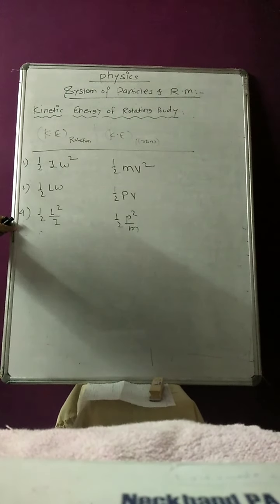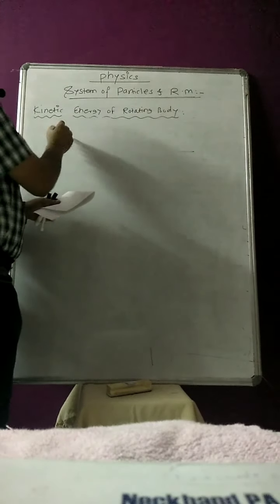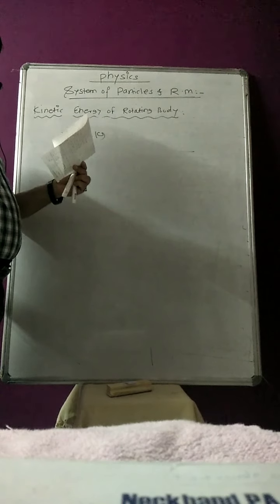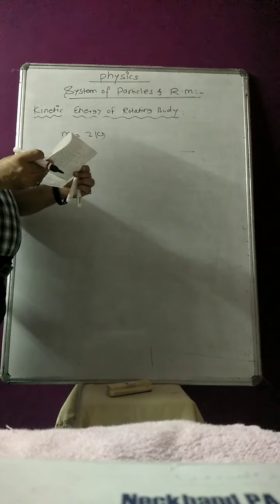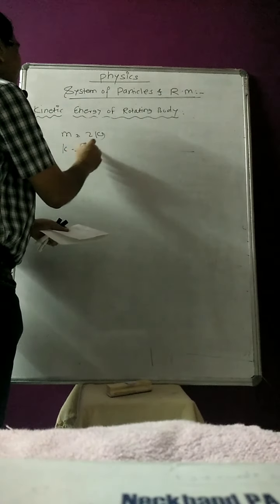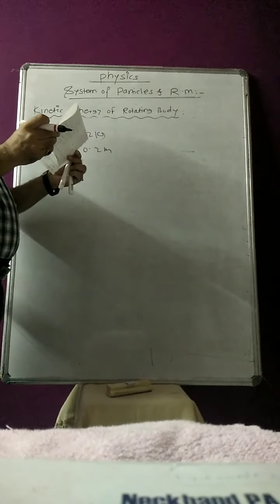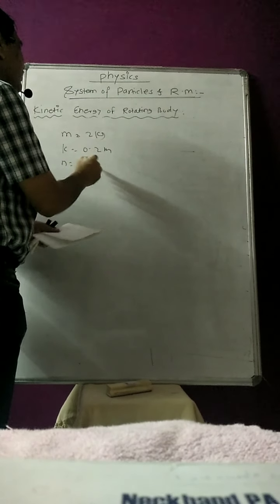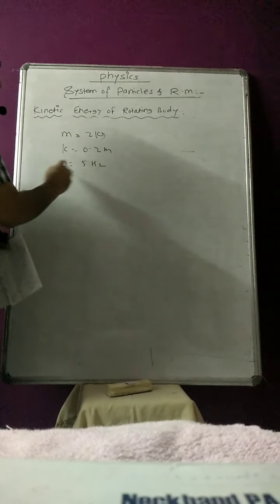I will give one problem on that so that you get the idea clear about rotational kinetic energy. Please write down the problem in short. A flywheel of mass 2 kg and radius of gyration 0.2 meter. Calculate the rotational kinetic energy when it makes 5 revolutions per second, so n is equal to 5.